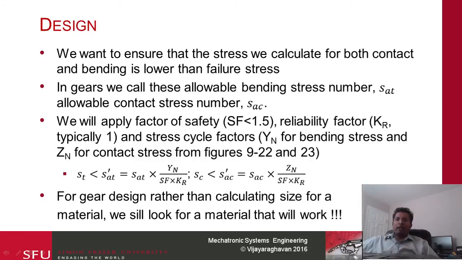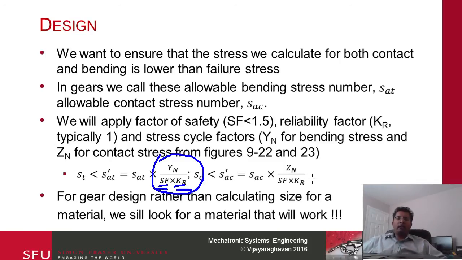So we're going to use some factors relating to the endurance limit, which is going to show up here. That is the factor YN. Then we also have the service factor that we typically use, as well as the reliability factor and the safety factor.